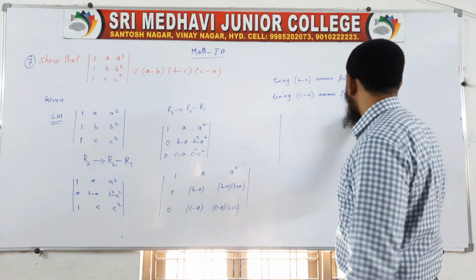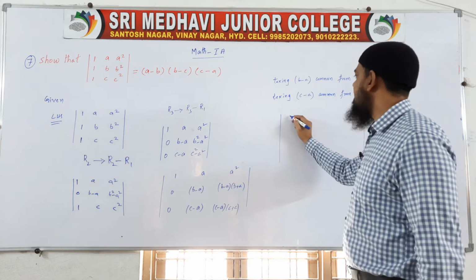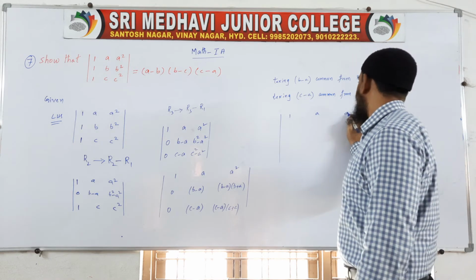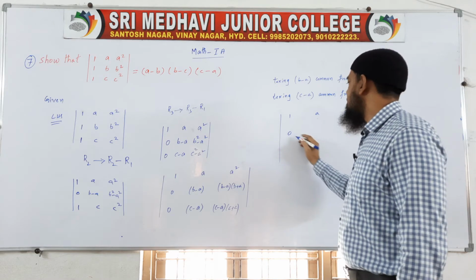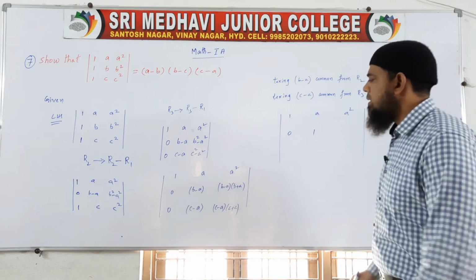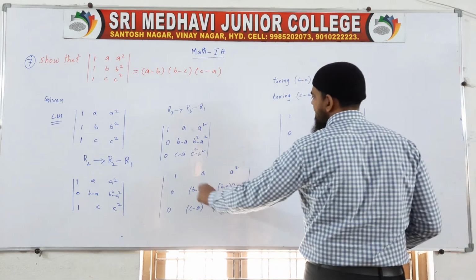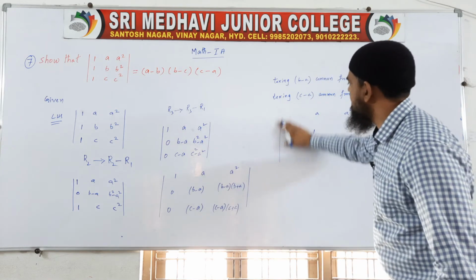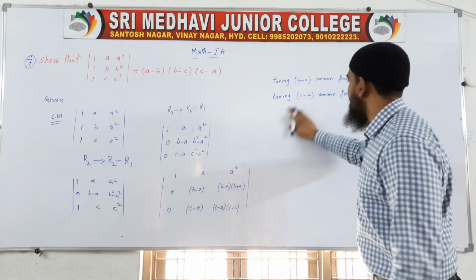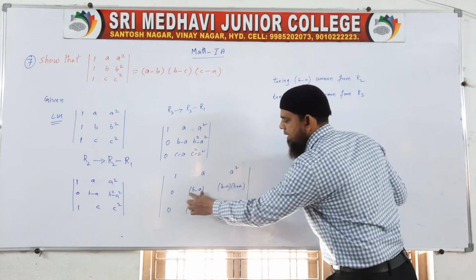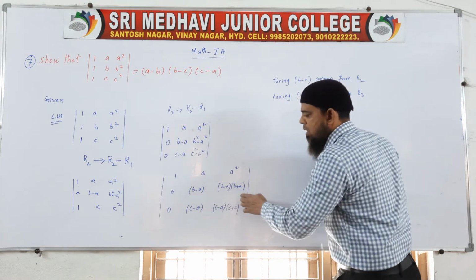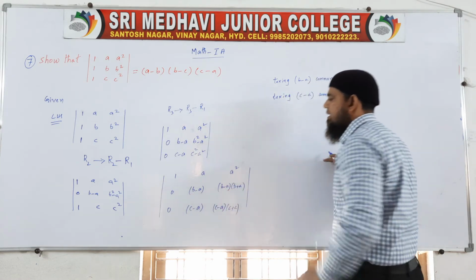Again I am taking two determinants. In that I am writing 1, A square, 0, 1. Now I have taken B minus A common, no? So this is wrong here. First I have to write those letters. When I am taking B minus A from R2, the total R2, I am taking B minus A common.